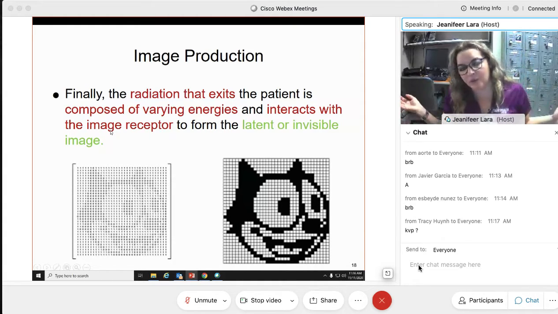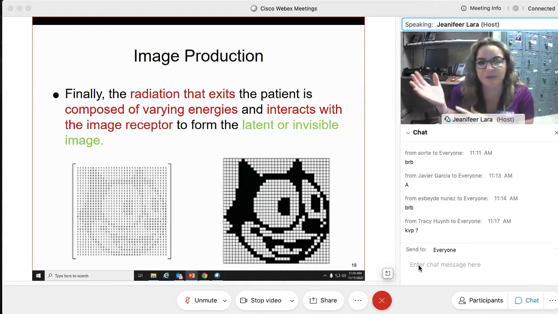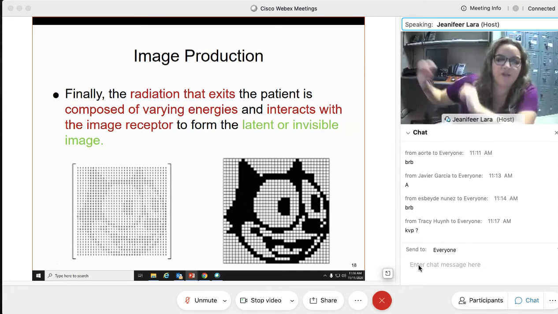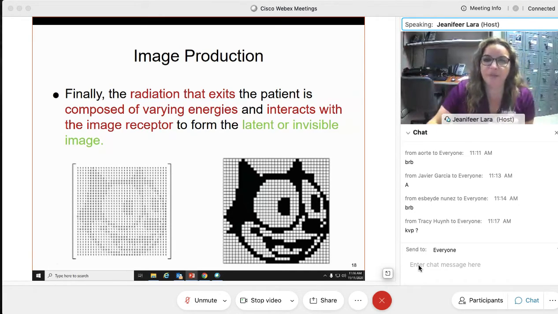These photons in the remnant beam or exit beam are going to have their own interactions with the image receptor to create the latent image.